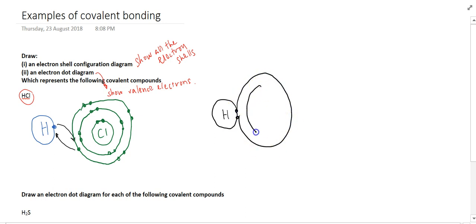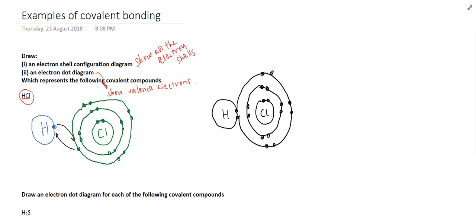So let's draw all of chlorine's shells. If you see now, hydrogen has 2 electrons in its valence shell, which is actually a full shell for that first shell, which can only hold 2 electrons at maximum.